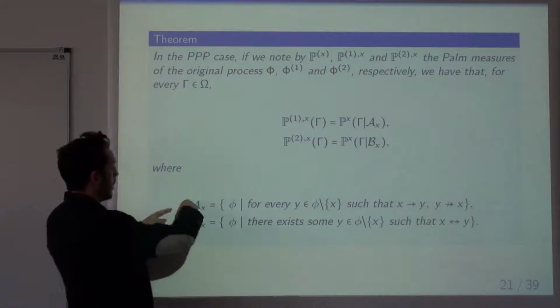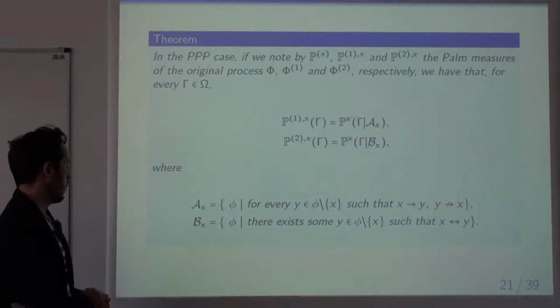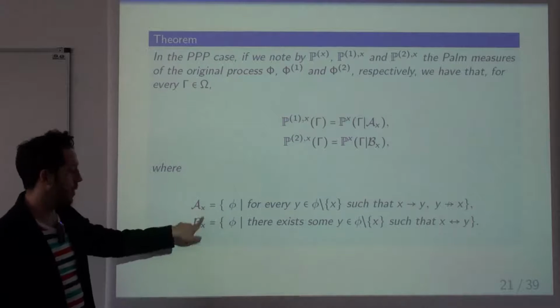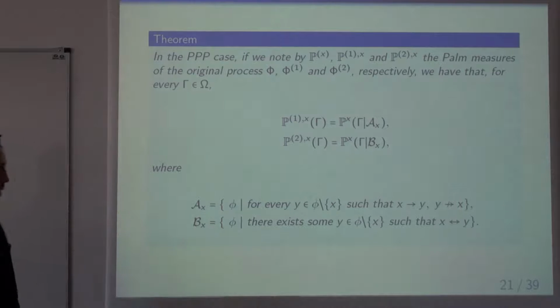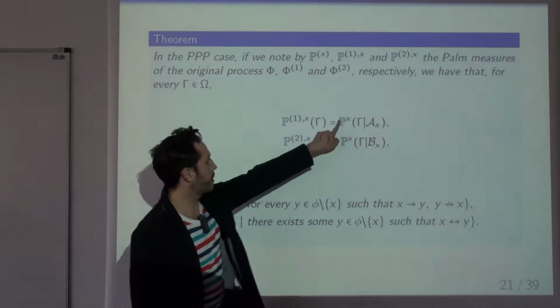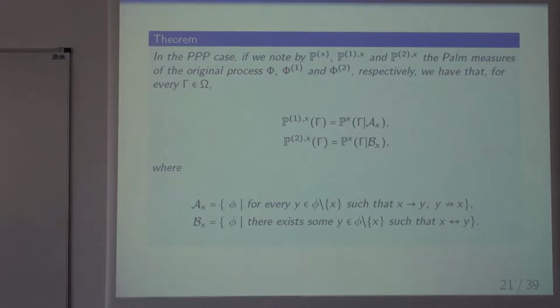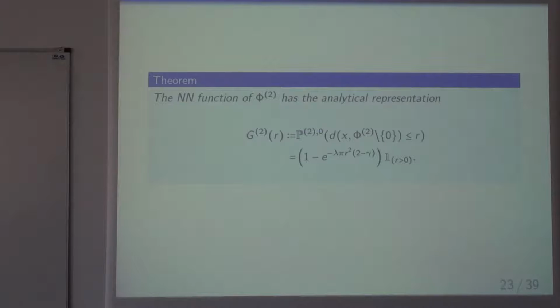Why? Because Ax is only the trajectorial property of being single, and Bx the trajectorial property of being in a pair, under the Palm measure of the Poisson. So it's really intuitive. We can give a heuristic proof here, but we don't have time, so we're going to skip it.